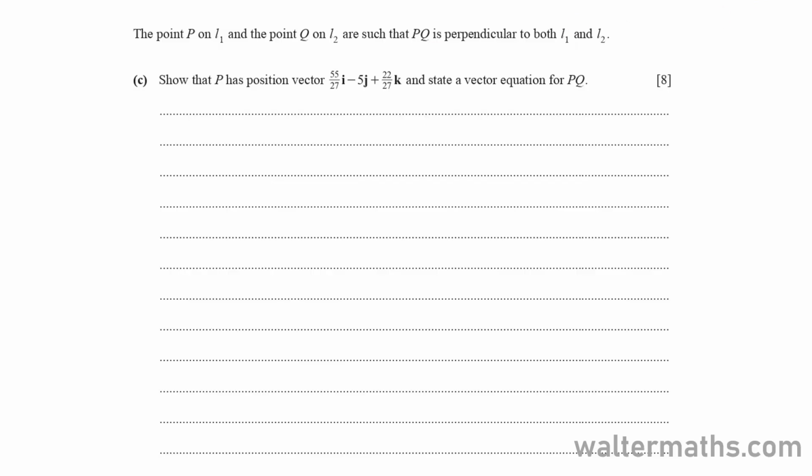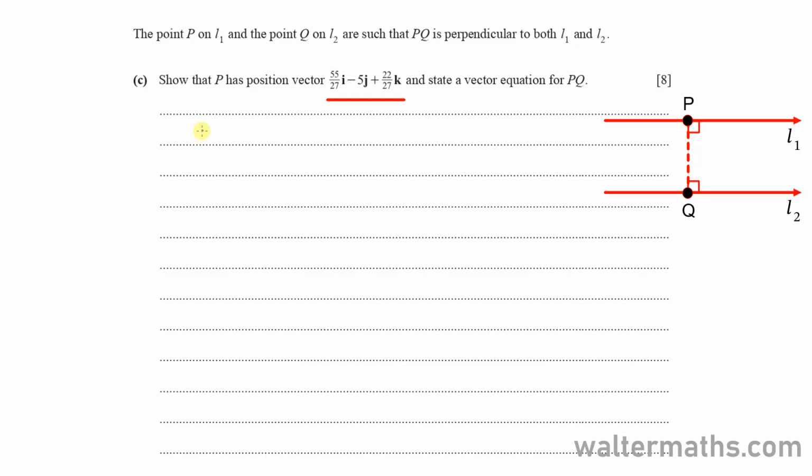So the situation we have right here is that we have the two lines L1 and L2, and we have a point P on L1 and a point Q on L2, and PQ is perpendicular to both L1 and L2. According to the question, we want to show that P has the position vector like this one.